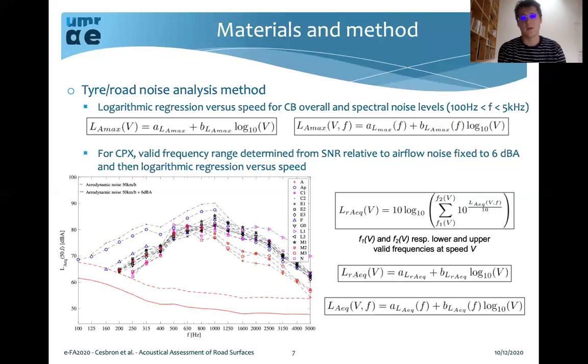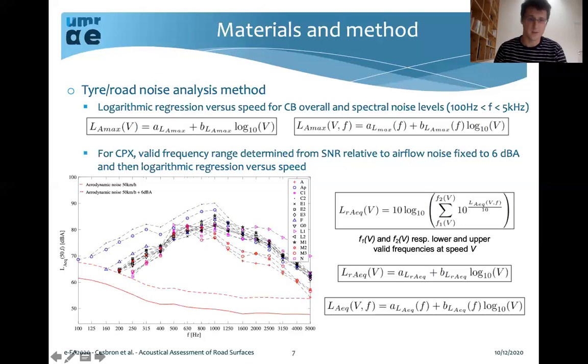Once we have fixed this signal to noise ratio, you have here the different spectra for all the road surfaces, and you can see the airflow noise and the airflow noise plus 6 dB at 50 kph. And with this, we can remove points that are not respecting the 6 dBA signal to noise ratio threshold.